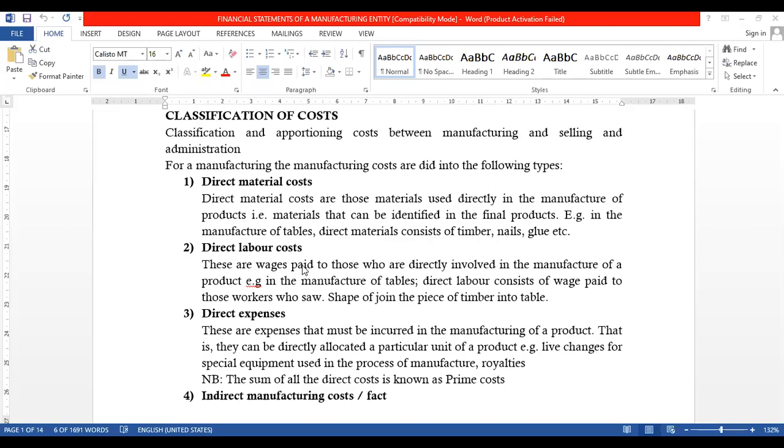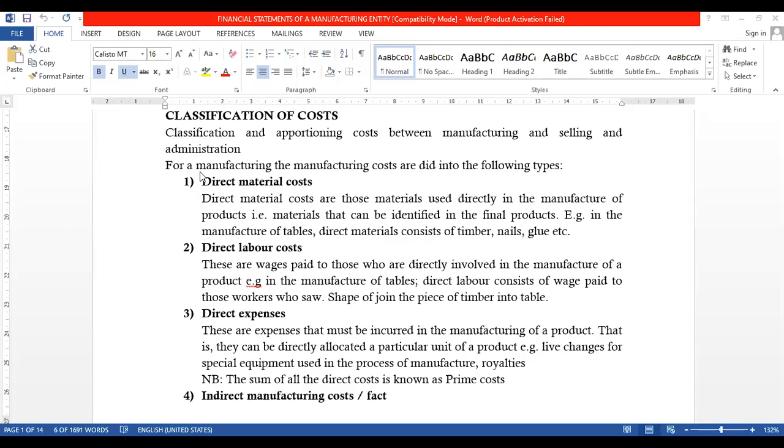Then cost classification number 2 is what we call direct labor cost. And this is the wages and salary for those people who are involved directly in this manufacturing of, for example, tables, right? And then from there, we have direct expenses. These are other incidental expenses that are incurred whenever production is taking place.